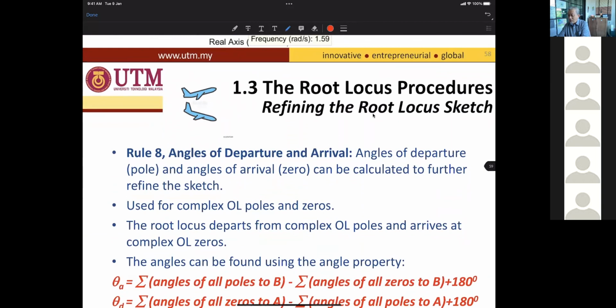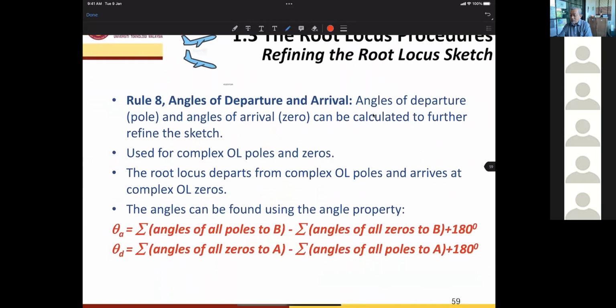So next one is the angles of departure and arrival. The angle of departure always refers to poles, and the angle of arrival always refers to zeros. It can be calculated to further refine the sketch by using the complex open loop poles and zeros.